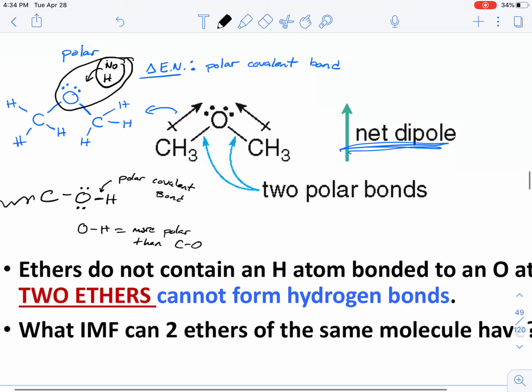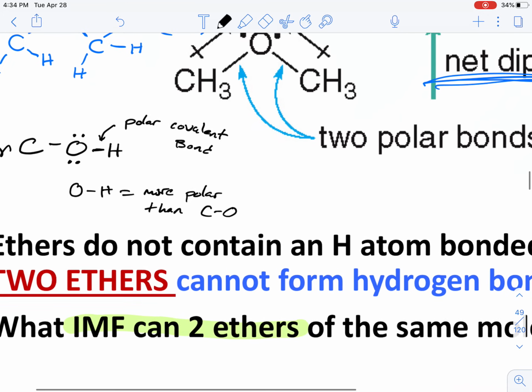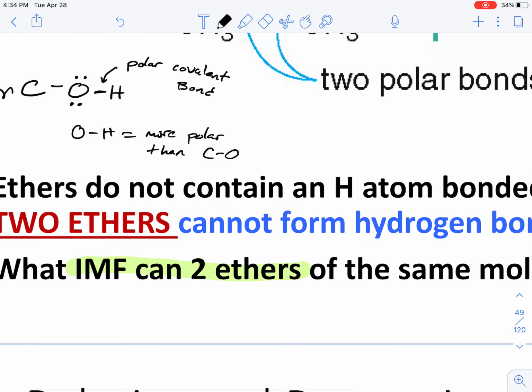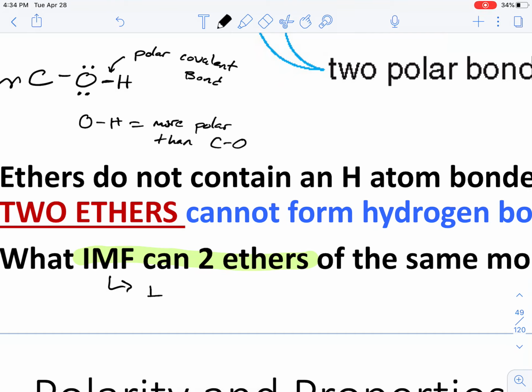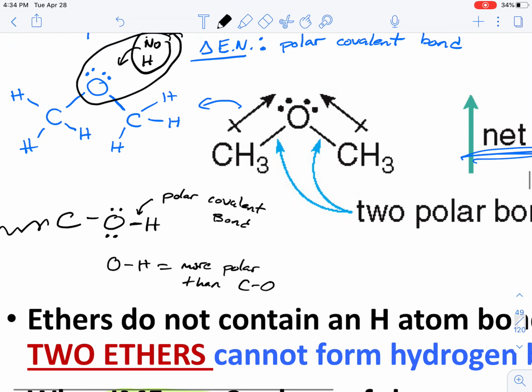And so what that tells us is that if you have a solution that's filled with only an ether and nothing else, then the intermolecular forces that a solution of pure ether can exhibit are London dispersion forces and dipole-dipole, in which dipole-dipole is going to be the more dominant intermolecular force between two ethers.